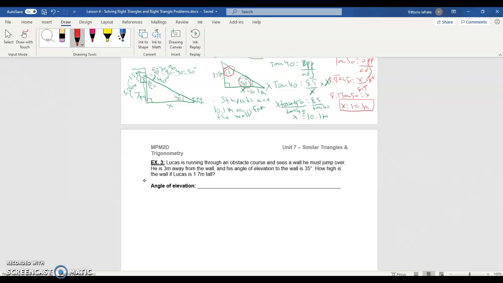So first, let's define angle of elevation. Angle of depression was basically an angle made while looking down. Angle of elevation, as you probably guessed, is an angle made by looking up.